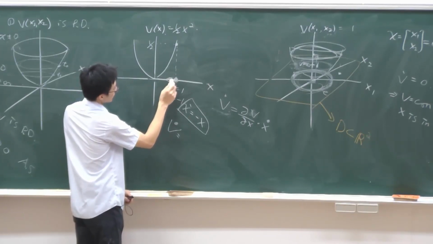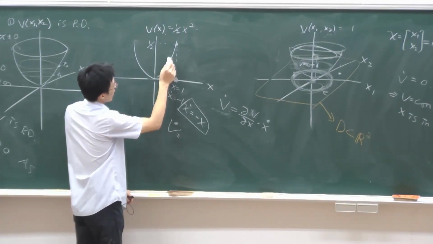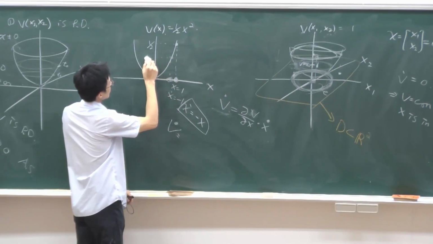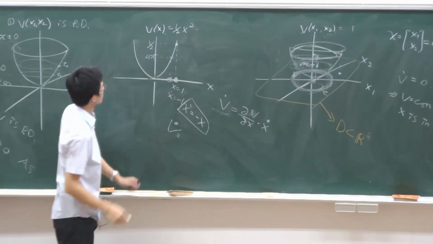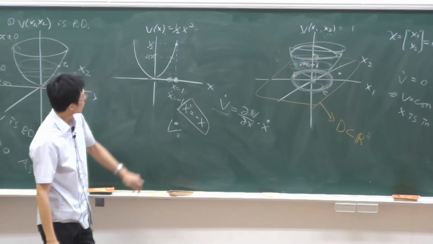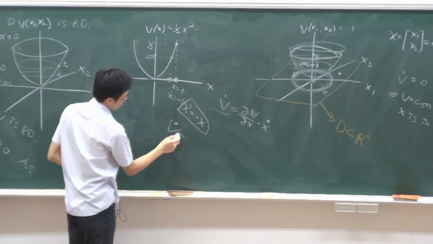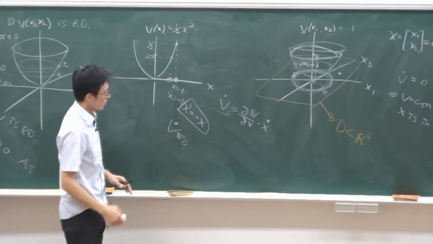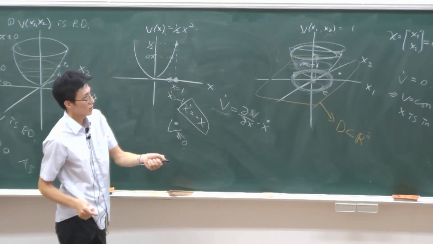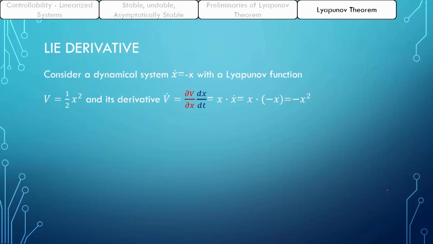At the next time step, the v value will be smaller, maybe 0.25. Based on this figure, you know it's negative. And if you use the numerical method, at x equal to 1, v dot is -1.